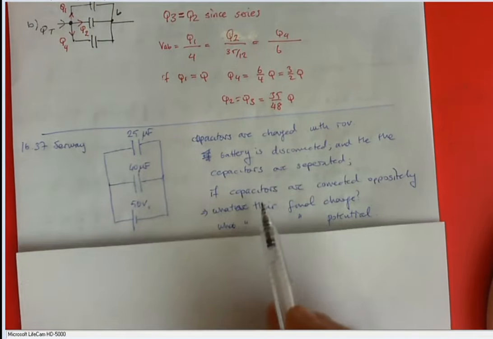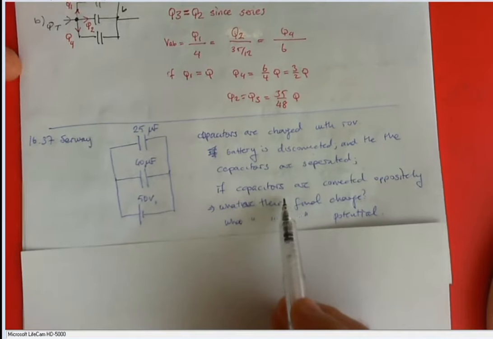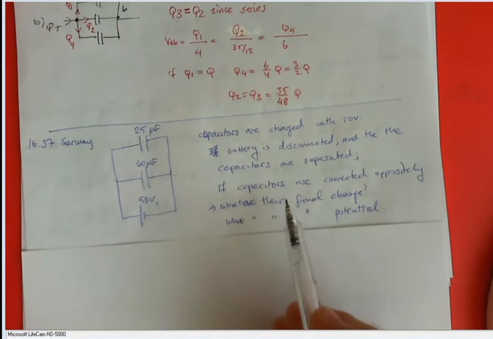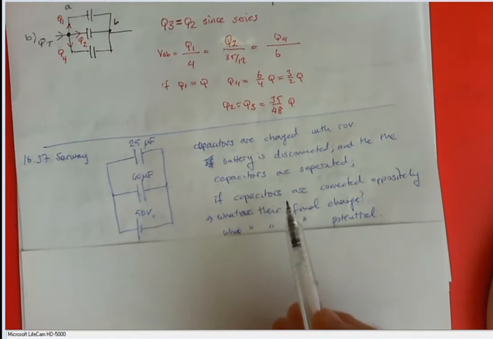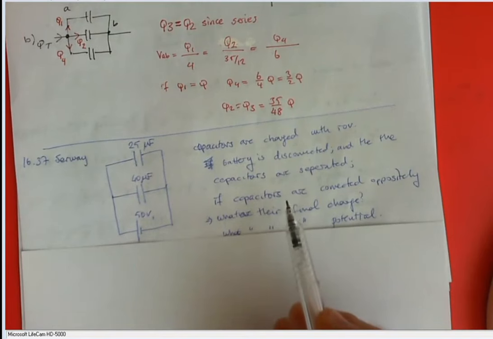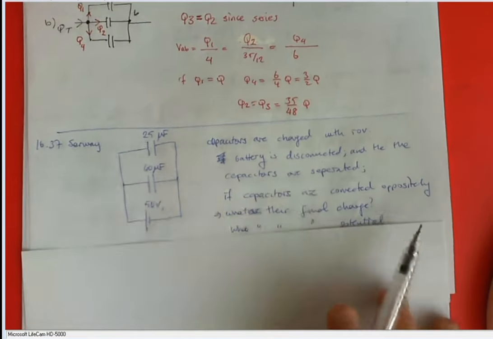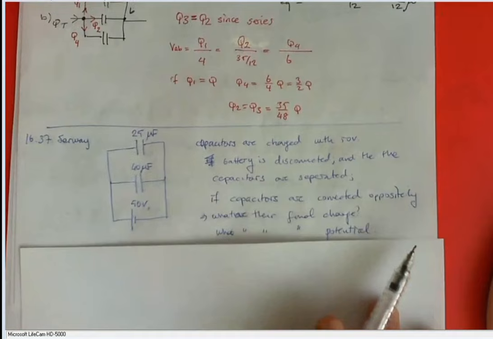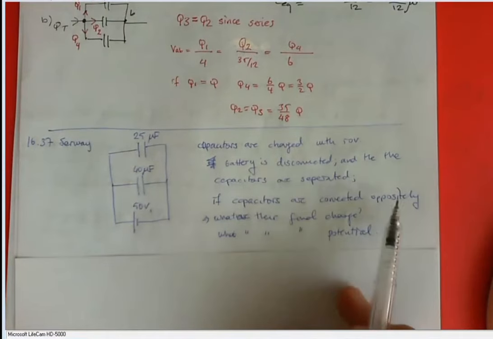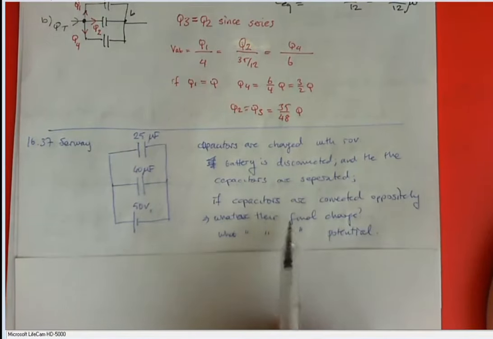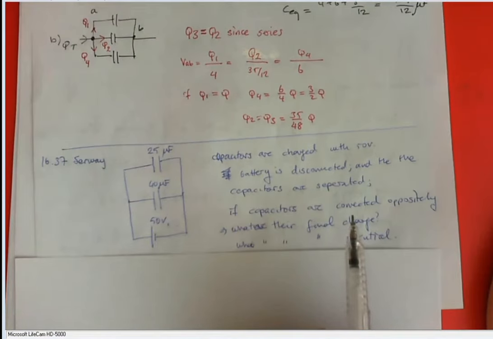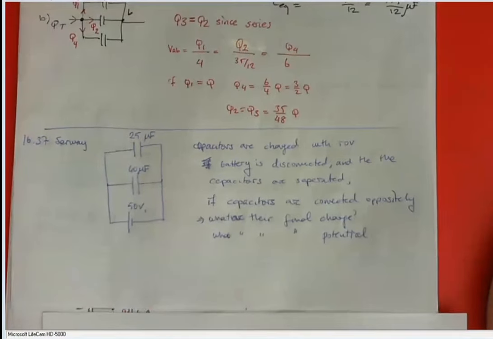Okay. And next, the capacitors are connected with their opposite charges facing each other. So connected oppositely, what are their final charges and what is their final potential? All right. That's the question.